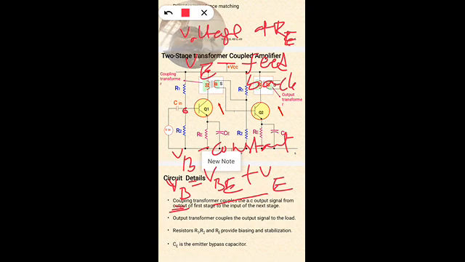See here, since VB is constant, fixed using the biasing circuit, whenever there is an increase in VE, there is a corresponding decrease in VB by the same amount, because the sum of VB plus VE is going to be constant. Suppose VE increases, then it is going to decrease VB by the same amount; or suppose VE decreases, then it is going to increase VB by the same amount.